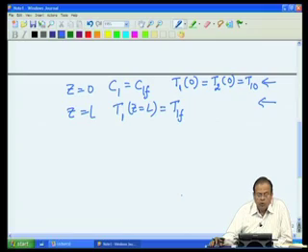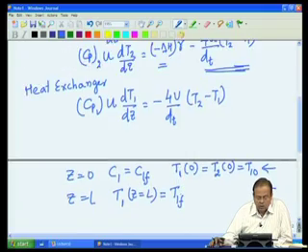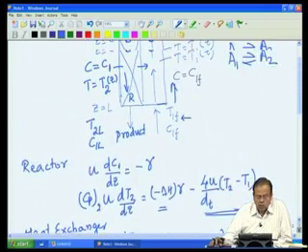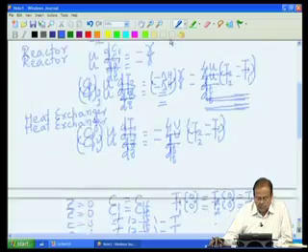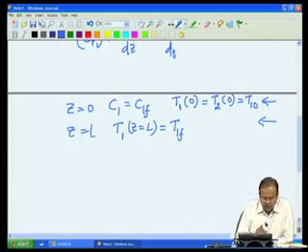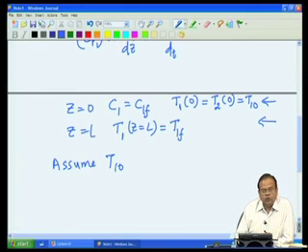If you look at what is happening over here, let us say that I assume some value of T10 and that is my starting point. So, the first step is to assume T10.